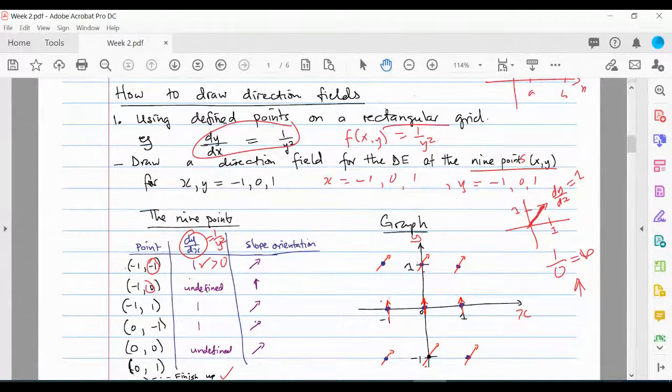So we have a vertical asymptote there. That's why you get this vertical orientation, because the derivative is undefined. So the slope is undefined where we have asymptotes, and the asymptotes are vertical lines. So they also determine the orientation, and they have a vertical orientation at that point.